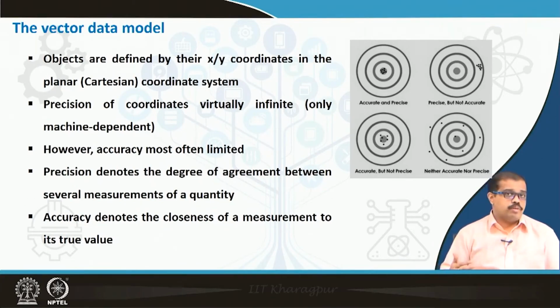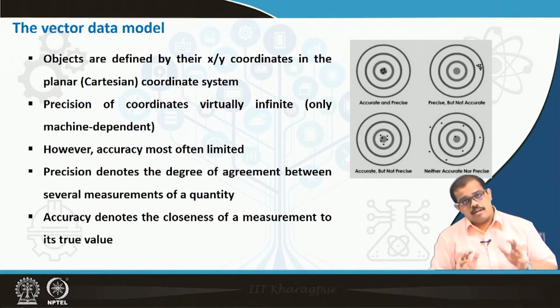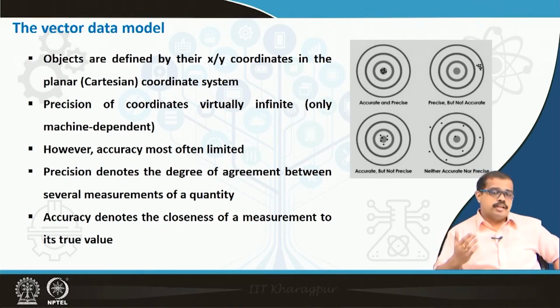The precision denotes the degree of agreement between several measurements of a quantity, so it depends on what you are actually measuring on the ground for the database. Accuracy denotes the closeness of measurements to their true values, but it is always quite limited.